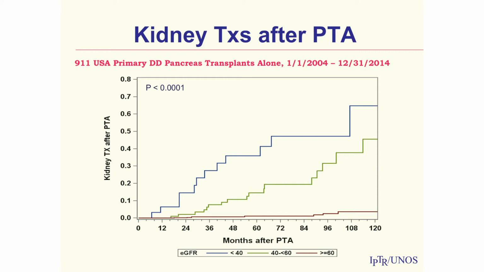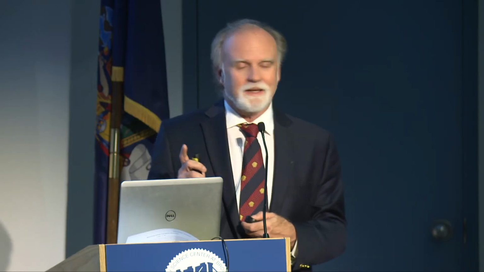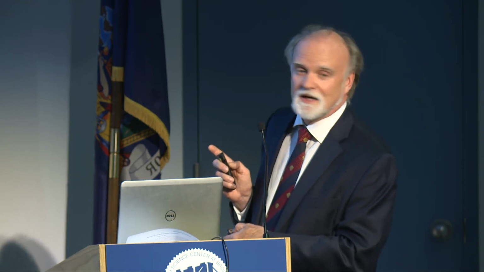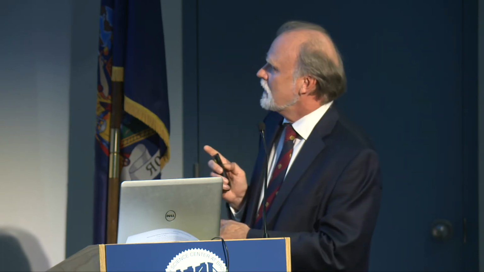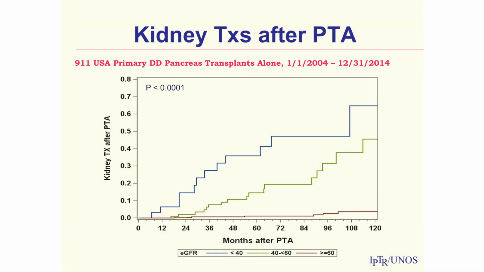So the kidney function really determines whether or not you require a kidney transplant after the successful pancreas transplant, because if the GFR at the time of the pancreas transplant alone was greater than 60, your chances of requiring a kidney transplant at 10 years is only 5%.